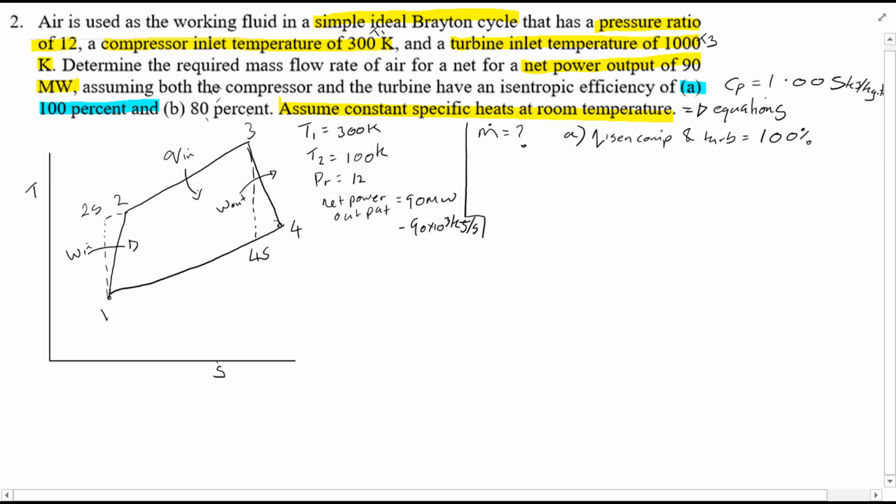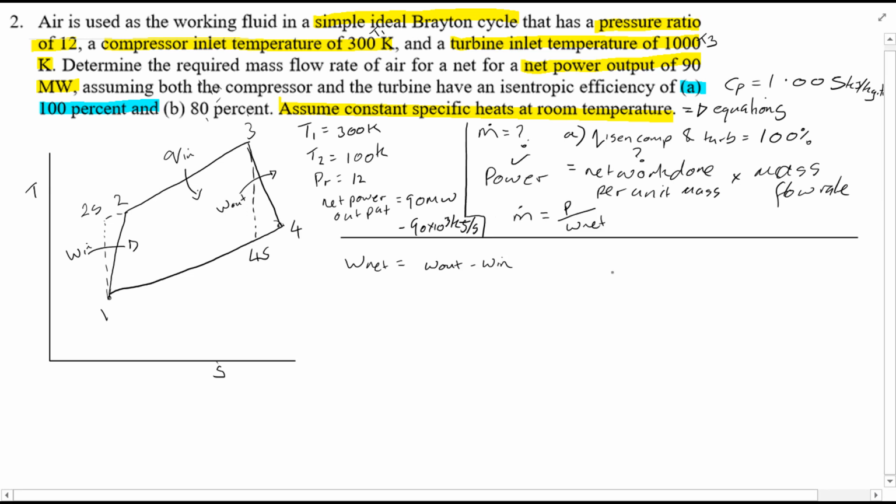Okay, remember that power is equal to net work done per unit mass times the mass flow rate, and of course we're given the power. We need to find the net work done per unit mass, and hence we can find the mass flow rate. So we're interested in finding W net.